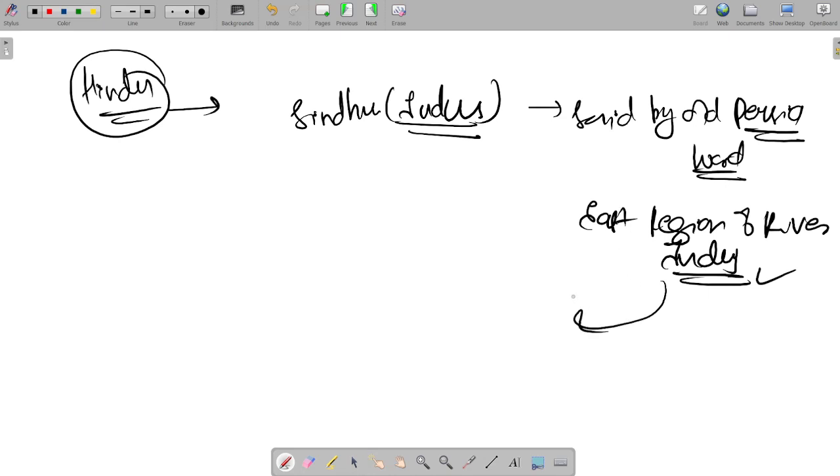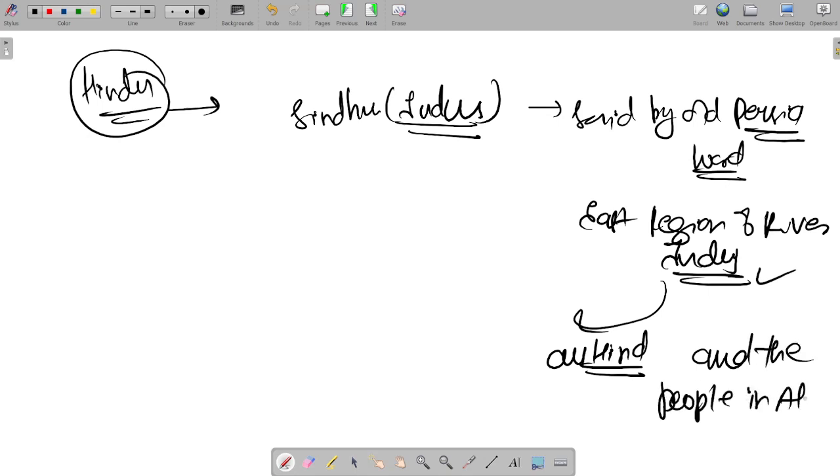The Arabs continued the Persian usage and called this region Al-Hind, and the people living in Al-Hind as Hindi.